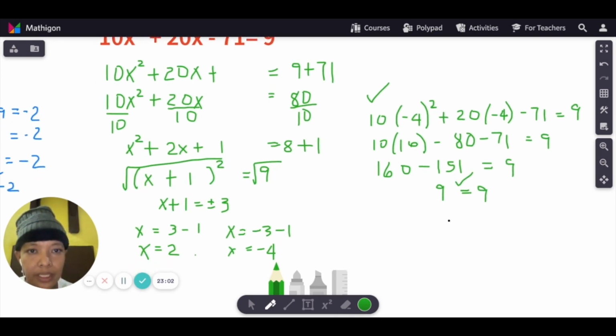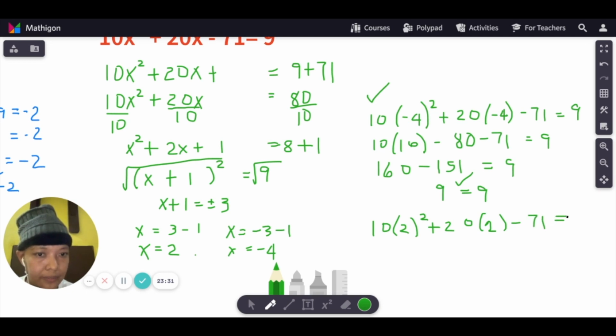So, gusto nyo po, try pa rin natin yung positive 2. Since parehas naman silang madaling i-compute, tingnan natin kung equal din. Okay? 20 times 2 minus 71 equals 9.